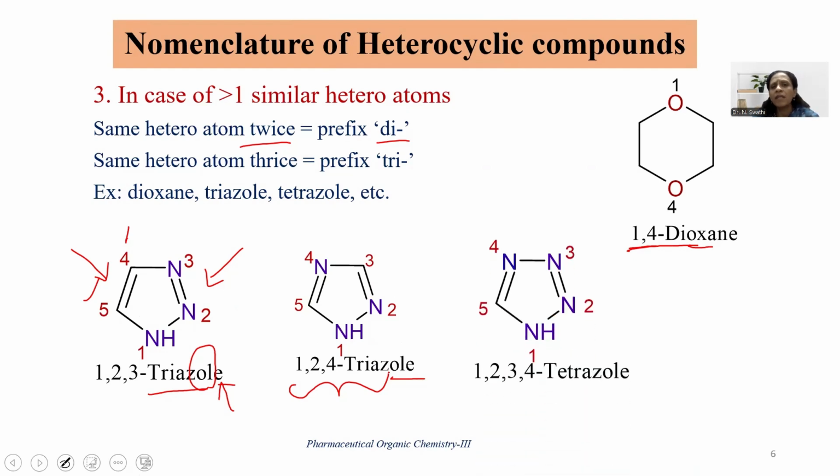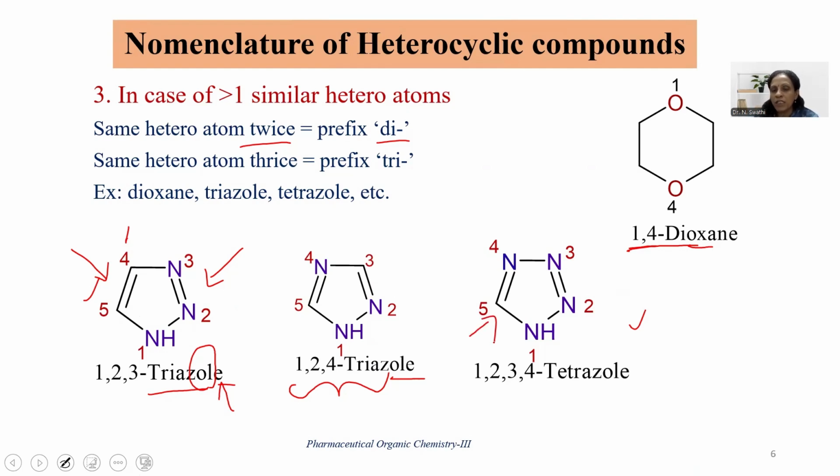Now if the given heterocyclic compound has 4 similar atoms, for example 4 nitrogens are present in the given compound. Let us consider the last example, which is also a 5-membered unsaturated ring having 4 nitrogens. Starting from 1 to 4 positions, nitrogens are occupied because we should give priority to the heteroatoms first. So we numbered nitrogens first, then at the end we numbered the carbon position.